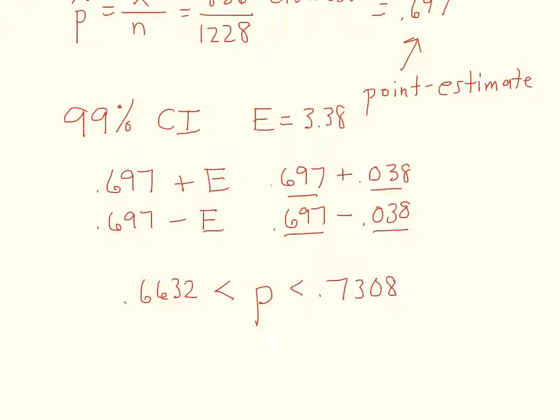And we're saying with 99% confidence that the actual proportion of suits that are dropped falls between 66.3% and 73.1%. So are the majority of cases or lawsuits dropped? Yes. We can say with 99% confidence that the majority of these malpractice lawsuits are dropped. And again, that was an example of number 32 on page 341 in your book.